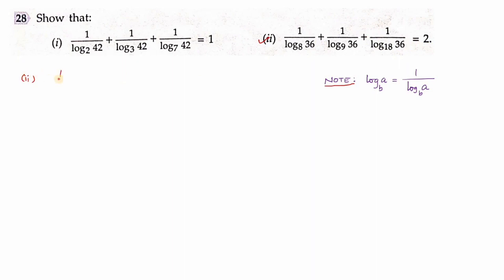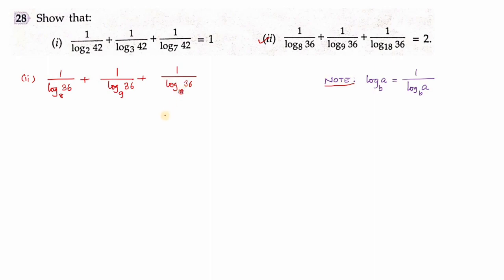So we have 1 by log 36 at the base 8 plus 1 by log 36 at the base 9 plus you have 1 by log 36 at the base 18.